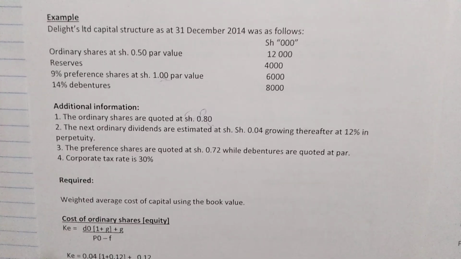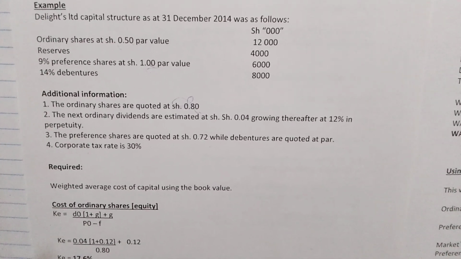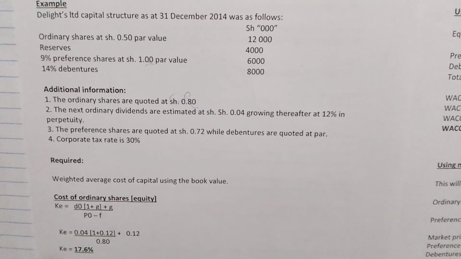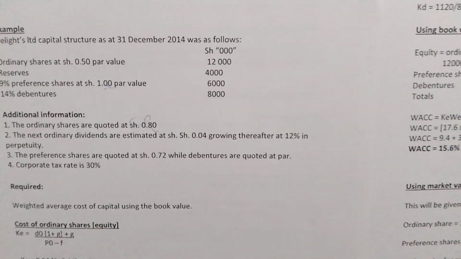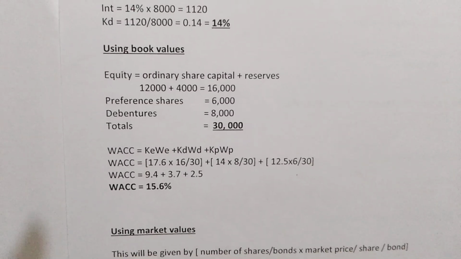Reserve is the same as retained earnings. Therefore, for the purpose of calculating the weights under market values, we cannot consider retained earnings. However, since we are using book values, we should use the reserves because they are still in the books.